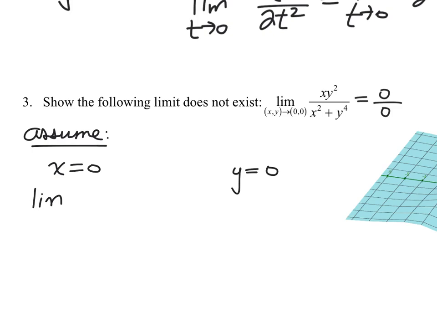All right, so if we're assuming that the x value is going to be equal to 0, then we're going to get 0 over y to the 4th, particularly as y is approaching 0, because we're on the x equals 0 plane.